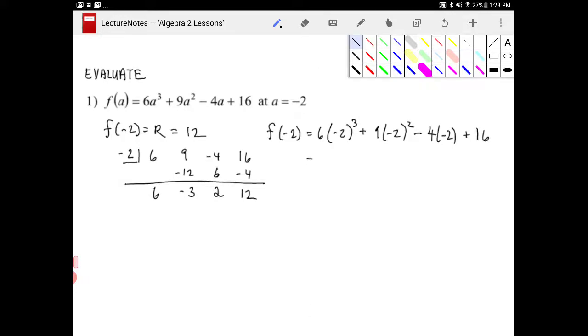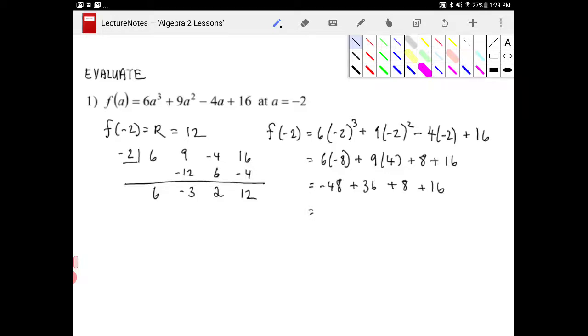So if I take a look at this, -2 to the third, that's -8, so 6 times -8. -2 squared is 4, so it's 9 times 4. 4 times -2 is -8, so then it becomes +8 plus 16. So I get -48 plus 36 plus 8 plus 16.